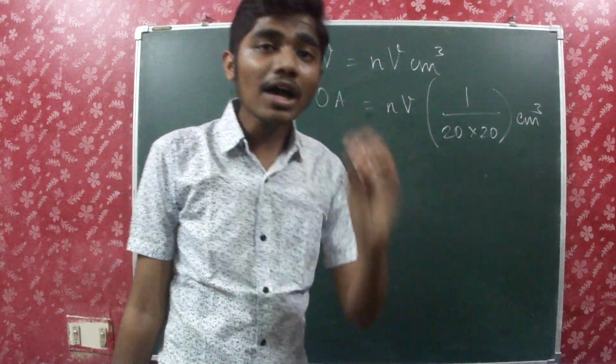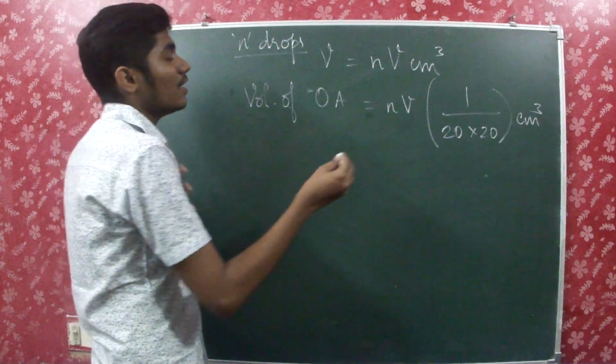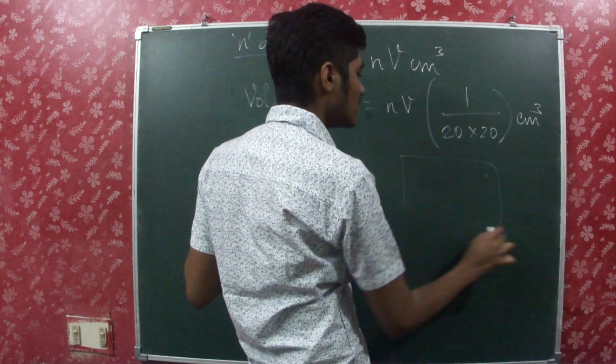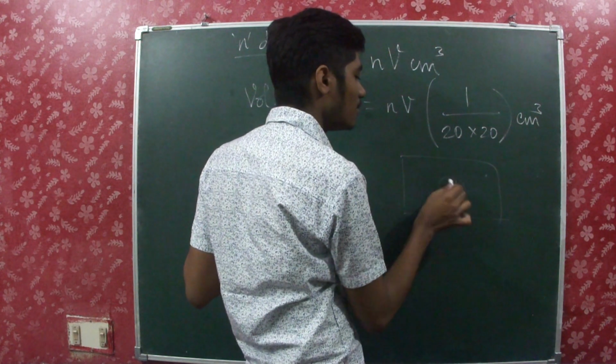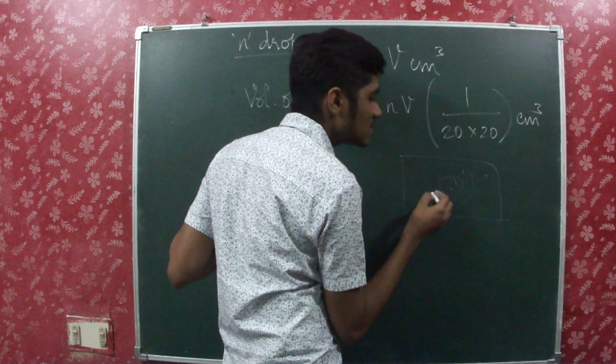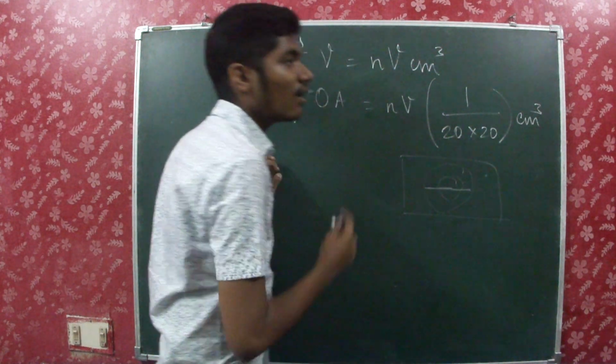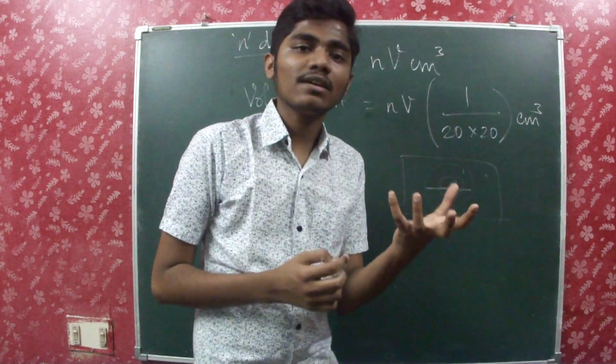But now what's our plan? Our plan is to find out the thickness. I told you that on the water surface I added only 1 drop and it will be increasing in area.